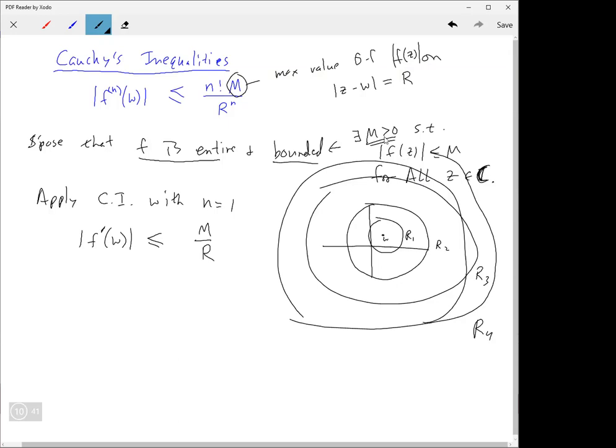But if f is bounded by M everywhere, then certainly it's bounded by M on every single circle like that, right?